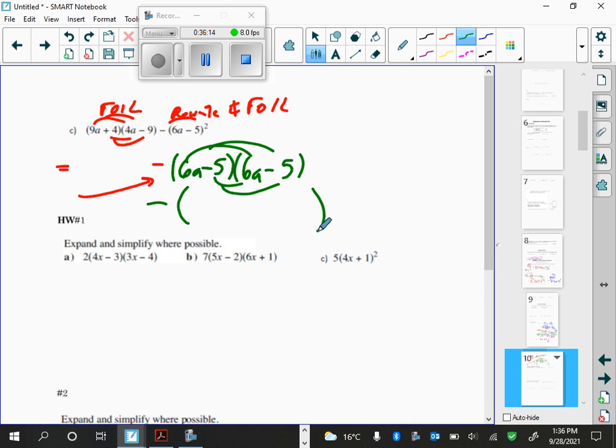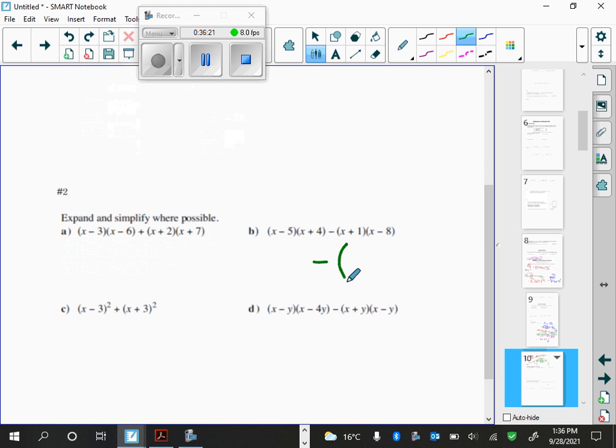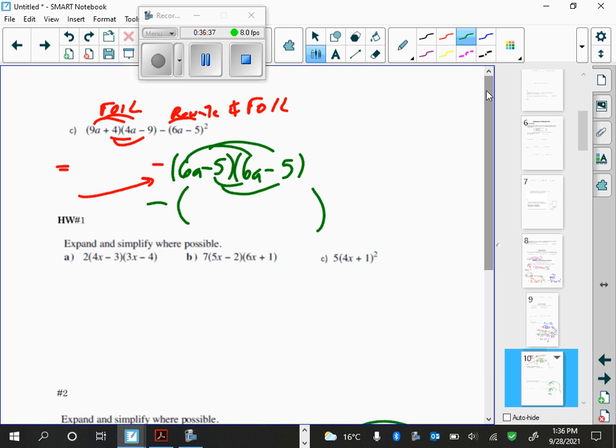Very important you do that with, let's look at homework, subtract bracket, this whole thing. Okay, you can see it comes over and over again. You have to distribute that subtraction sign into all of the terms that follow, not just put it into the first term. Anyways, let's do that right now.